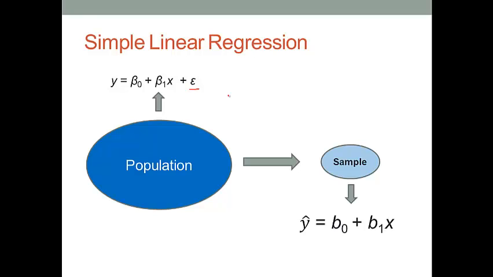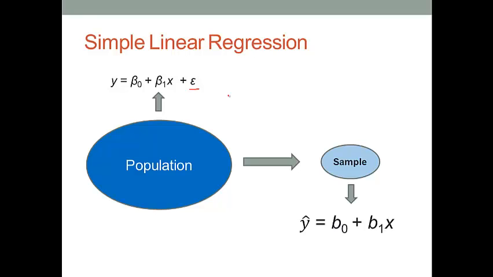In order to differentiate the error terms from the population and the sample, we use epsilon to represent the errors for the population, and we use the residuals, or the lowercase e, to represent the errors from the sample. At that time, I said we can ignore epsilon.